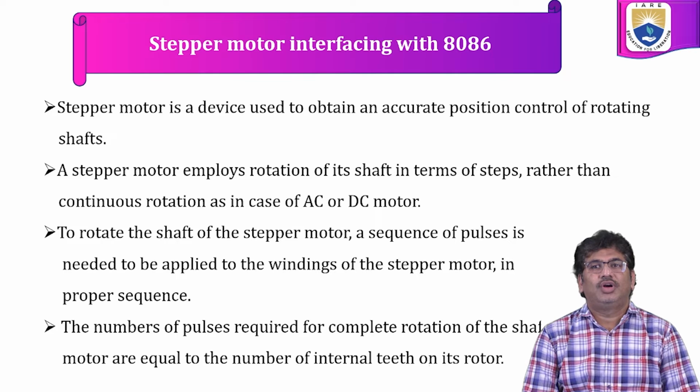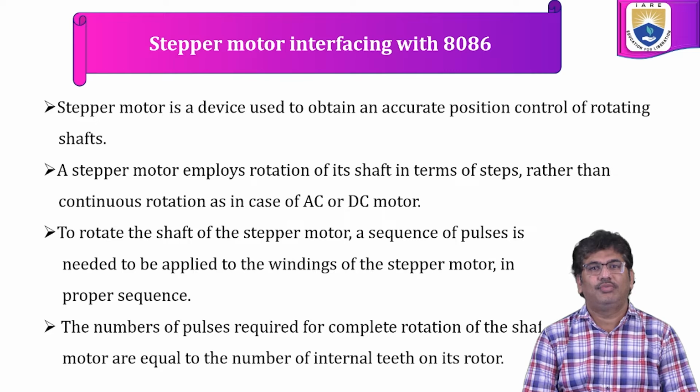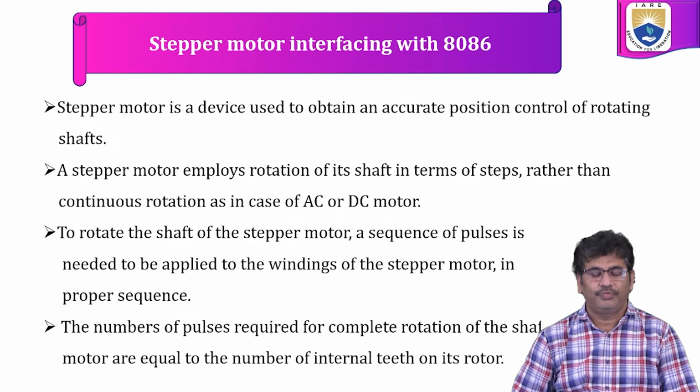To rotate the shaft of a stepper motor, a sequence of pulses needs to be applied to the windings of the stepper motor in the proper sequence. The number of pulses required for a complete rotation of the shaft is equal to the number of teeth internally present on the rotor.